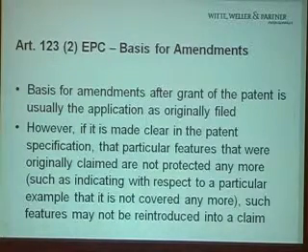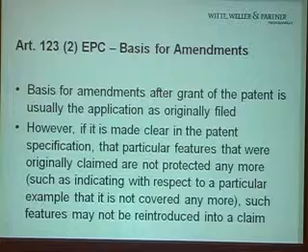However, if it is made clear in the patent specification that particular features that were originally claimed are not protected anymore, such as indicating with respect to a particular example that it's not covered anymore by the patent, such features may not be reintroduced into the claim. During application proceedings, it might turn out that particular features are already known in the art.